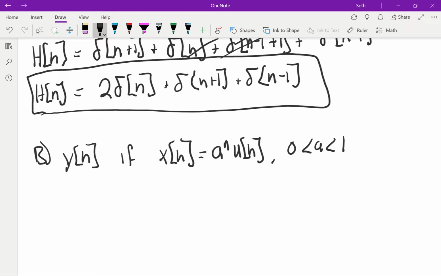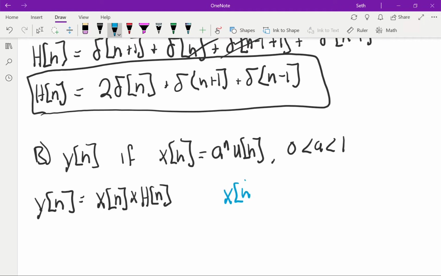We know that y of n is equal to x of n convolved with h of n, which we just found in part A. And we can apply the sifting property again. I'll write it down just so we know what we're looking at.